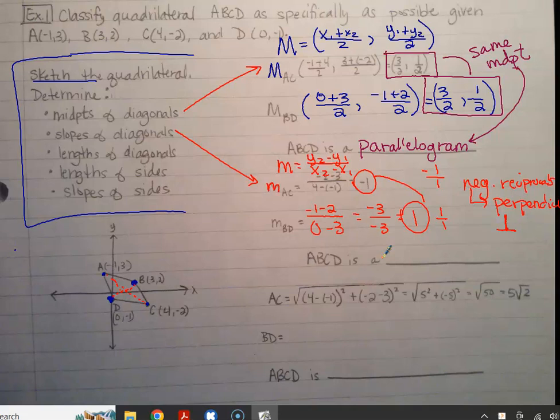Okay, so if we go back and look at our theorems, what shape does it get to? Theorem 6.2.5 is the one that said diagonals of a parallelogram bisect each other. So where can we get when we have the diagonals are perpendicular?